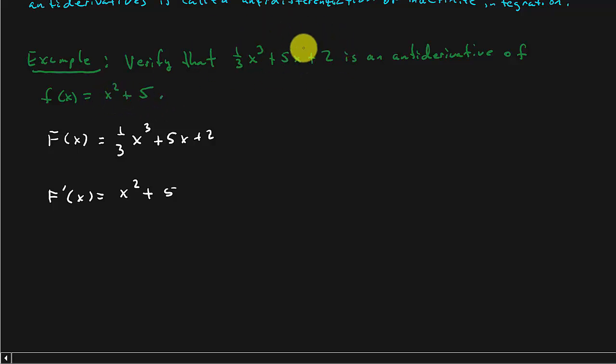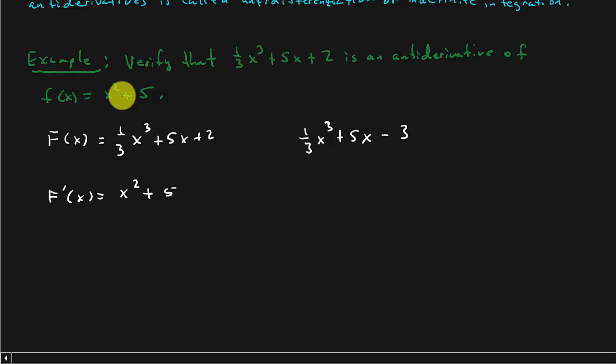But look at this: isn't 1/3 x cubed plus 5x minus 3 also an antiderivative to little f? Because if you take the derivative of this, you end up with little f.